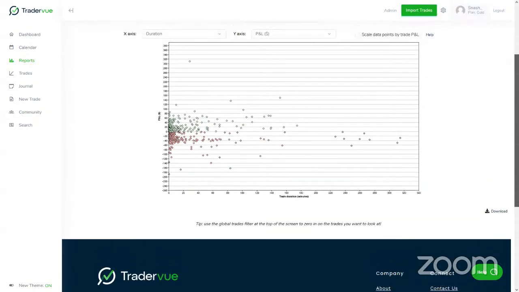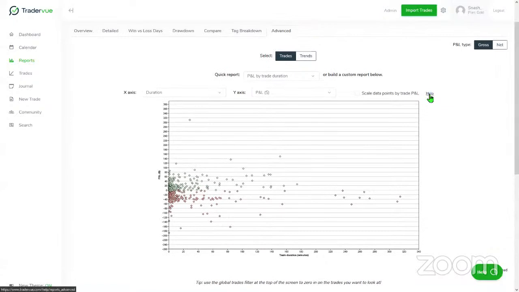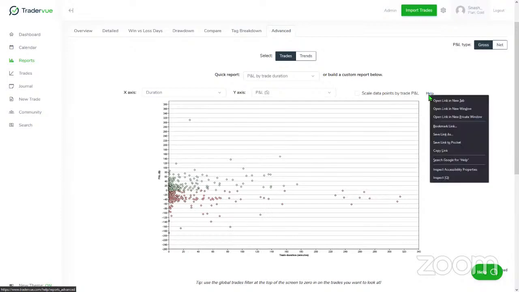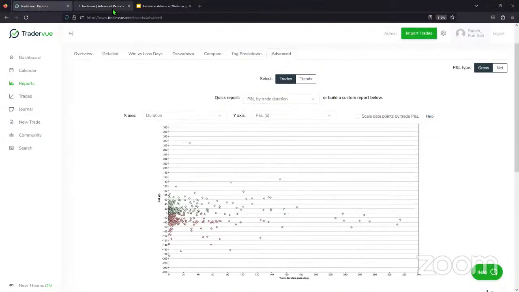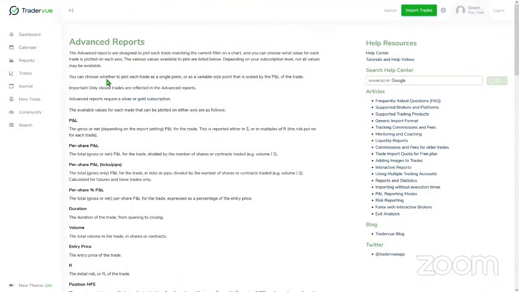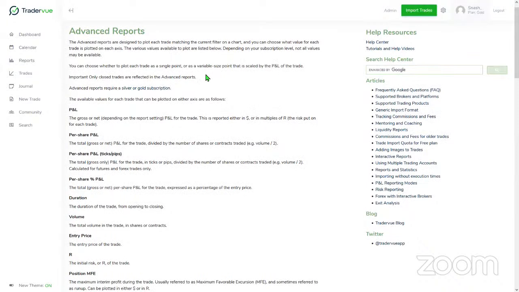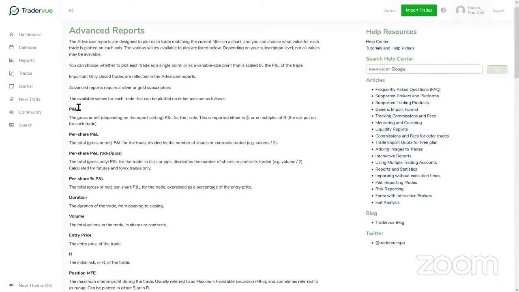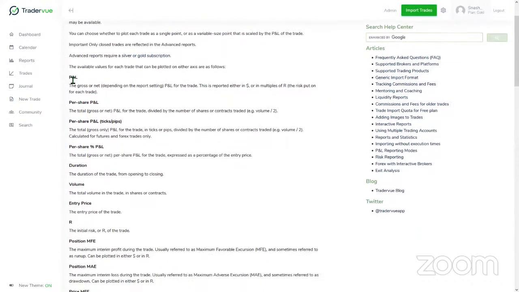Before we move any further with this, it's super helpful, if you're new to the advanced reports, that you click here on help. Let me see if it comes up. Yeah, it does. And so here you get a very good summary of what each variable means. This is really helpful because when you want to get creative and become more efficient looking at advanced reports, it's not about selecting different criteria and seeing what comes up.